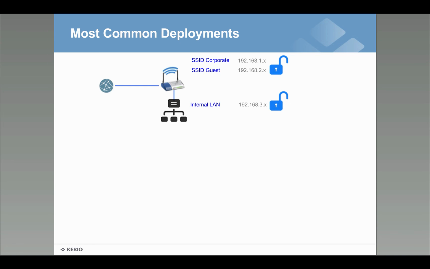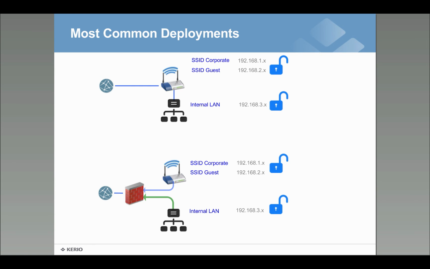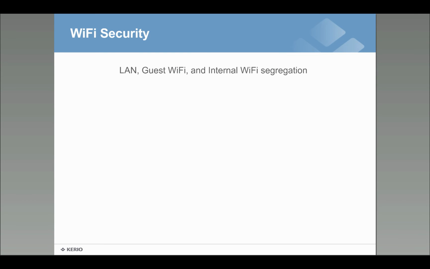Even if you have segmentation at IP level, you are totally wide open. This is also true if you have a firewall, with segmentation between the internal LAN and the two SSIDs. The two SSIDs can talk to each other because they are routed at the IP level, .1 and .2. So both situations do not provide the security that you need.